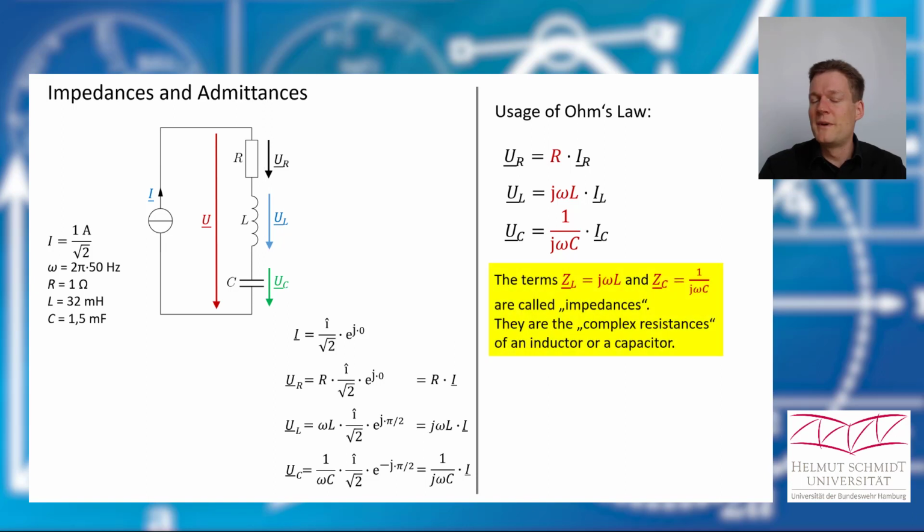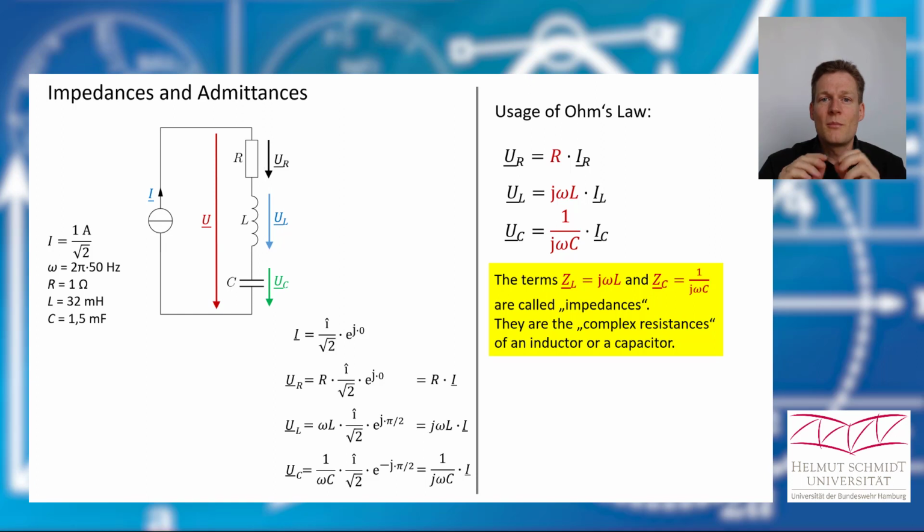We call them impedances. And if you have inductors or capacitors in an AC circuit, you can just deal with them as you know it from resistors in DC circuits. The only difference is that they have funny resistor values. So the resistance of an inductor is just j omega L, and the resistance of a capacitor is 1 divided by j omega C. But that is all. That's the only difference between AC circuits and DC circuits.